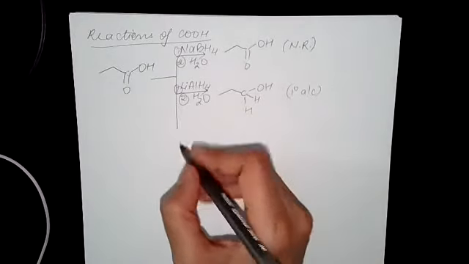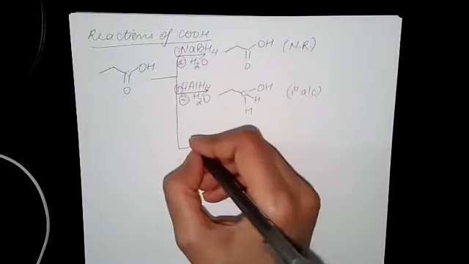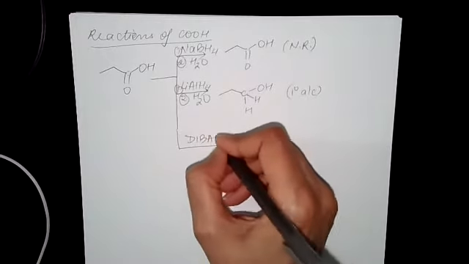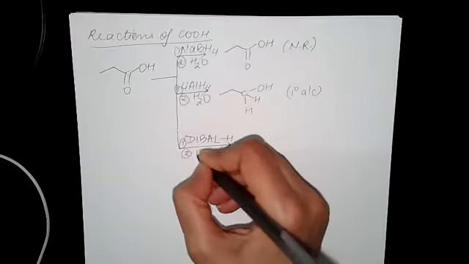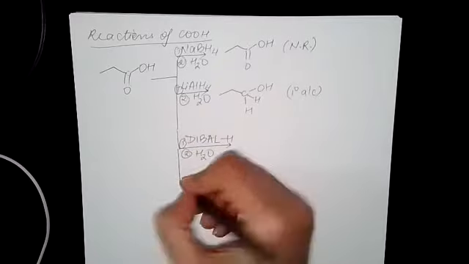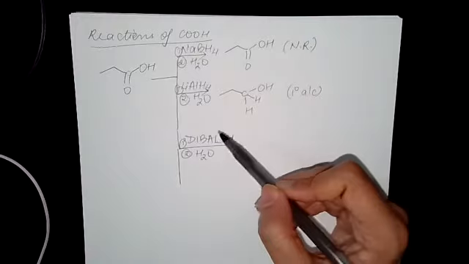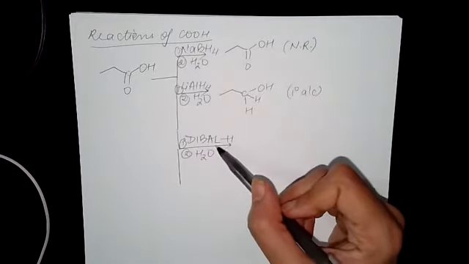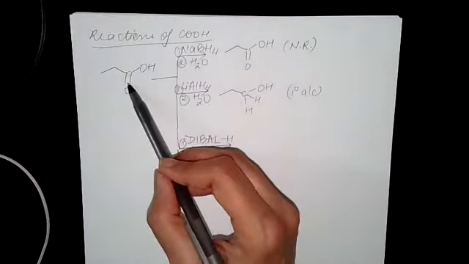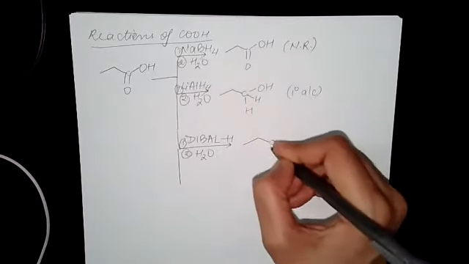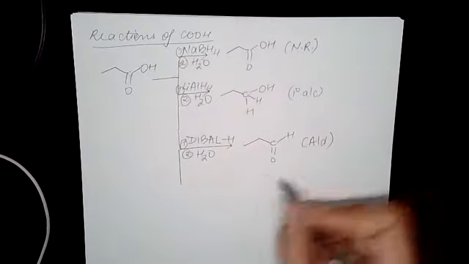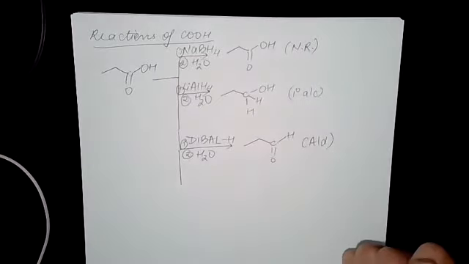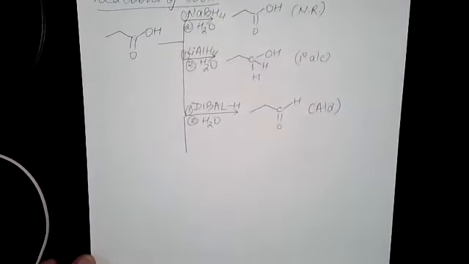A newer reagent that you will see is DIBAL. In this particular reducing agent, your carboxylic acid steps down and becomes an aldehyde. So it does not go all the way to the primary alcohol. It stops at the aldehyde stage.